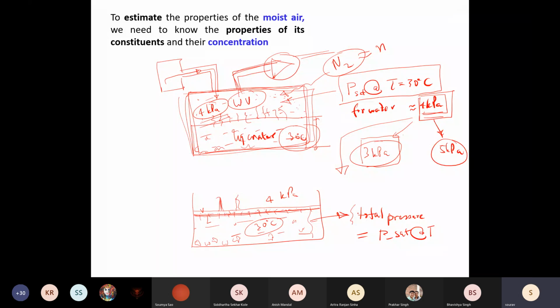So that's why when your container is open, let's say in your day-to-day life, you have a vessel which has liquid water. What is the total pressure on this liquid column? It is 1 bar, 100 kPa. Okay, what is the saturation pressure corresponding to the temperature of the water inside your vessel? That would be hardly 4 or 5 kPa.